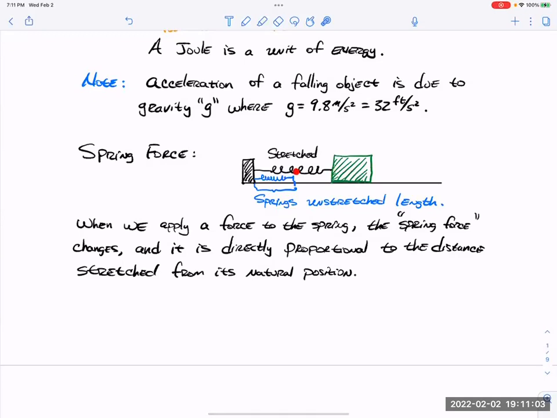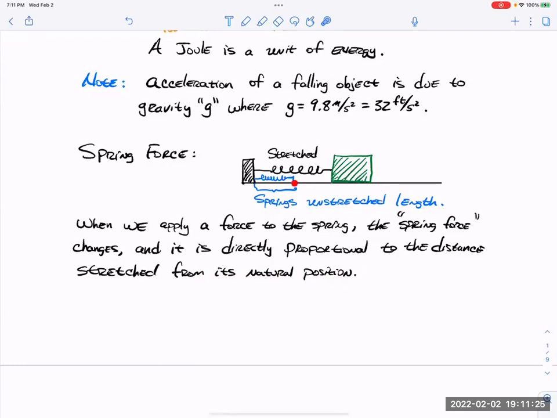Well, in order to stretch the spring, you must apply a force, right, to stretch it. So when we apply a force to the spring from its unstretched position, the spring force changes, and it is directly proportional to the distance stretched from its natural position.